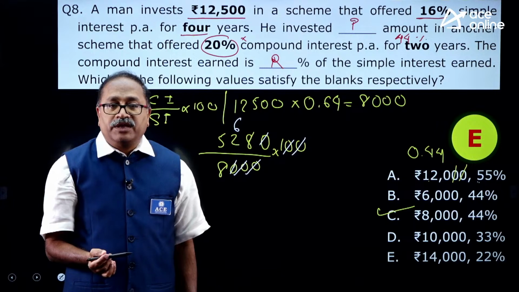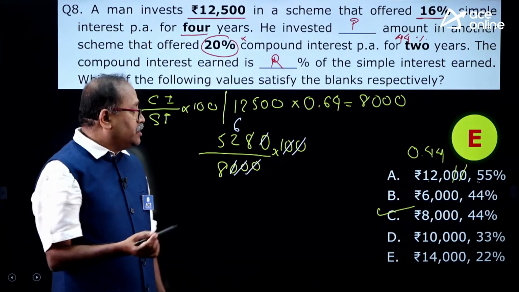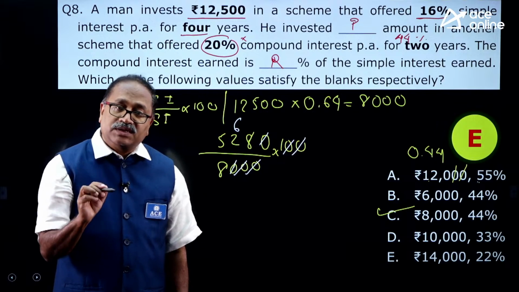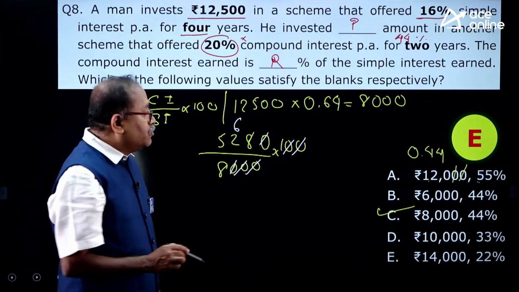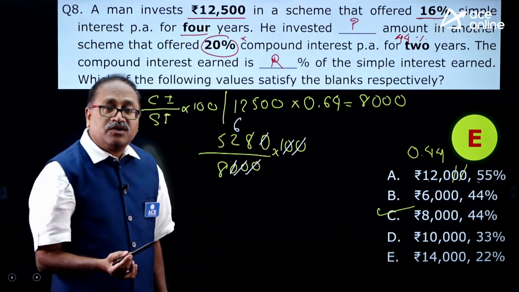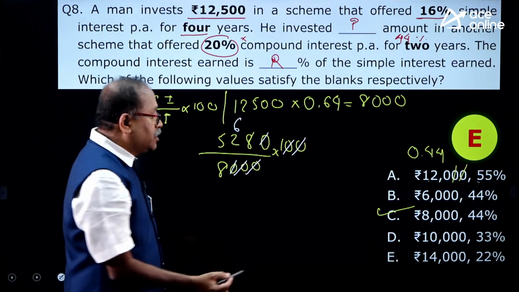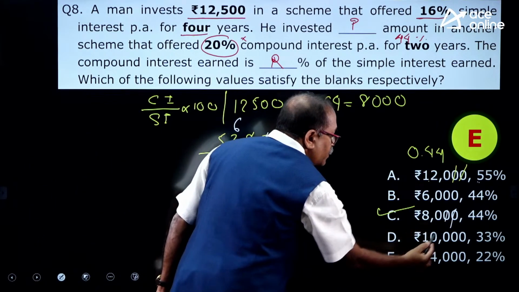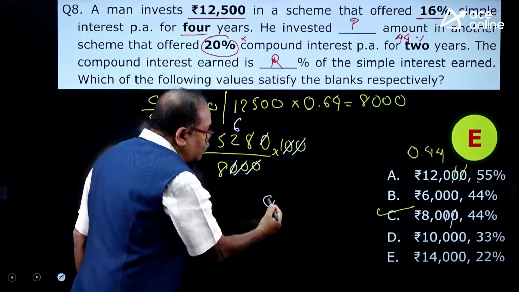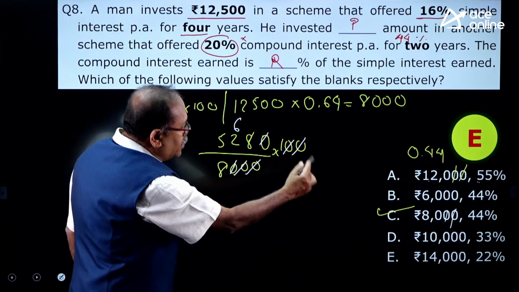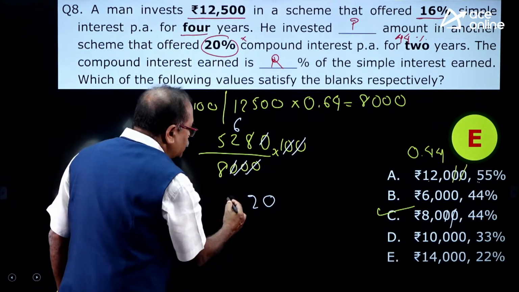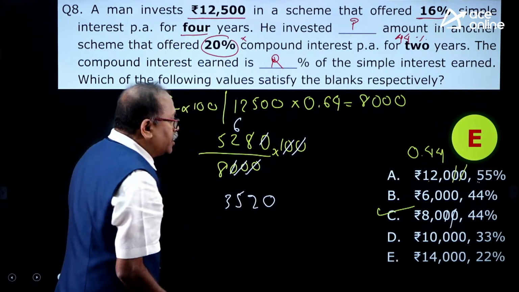Option A is eliminated. In a similar way, when you check option B, it will be eliminated. Option C, what Pawan said is correct. Let's check that. What if this is 8,000 and I need to pay 44% on 8,000, that is compound interest. So I will cancel these two over here and then I am left with a 0. So that is 1, 0 is over here. Then 8, 8 4 is 32, carry 3, and 8 4 32 plus 3 is 35. Am I right here?